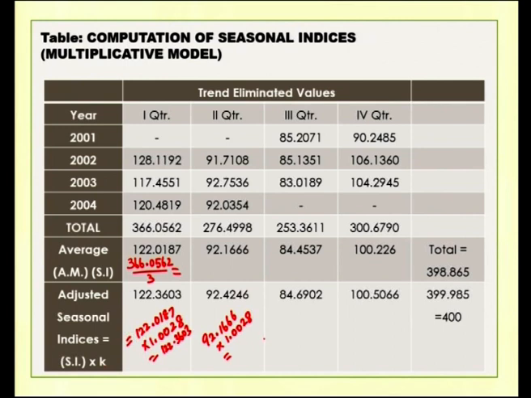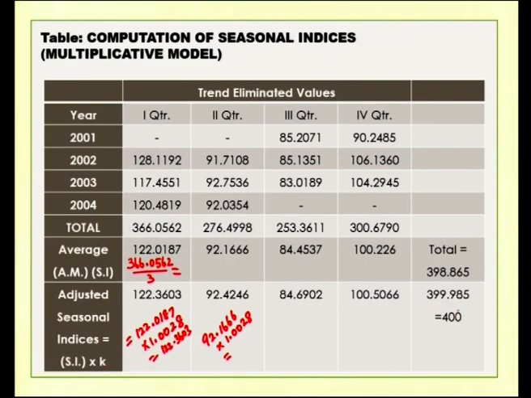Likewise, it is calculated. Now, if you see, the total comes to be 399.985. It is almost equivalent to 400. That is, each should be nearly equal to 100, so that when you add all the 4 quarters, it should be equal to 400. So, 399.985 is approximated to 400.